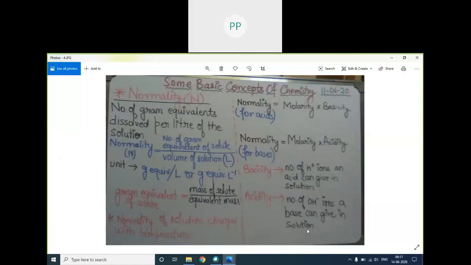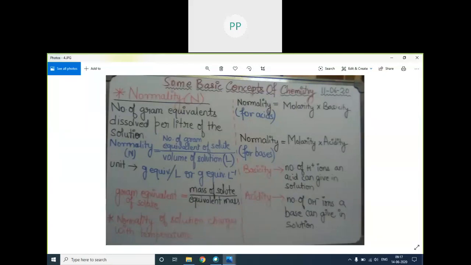So this is the acidity and basicity difference, and how to relate them in the normality formula. So there are two ways we can calculate: for acids and bases, this formula, and for a normal compound, we will calculate as the number of gram equivalents by volume of solution in liters.